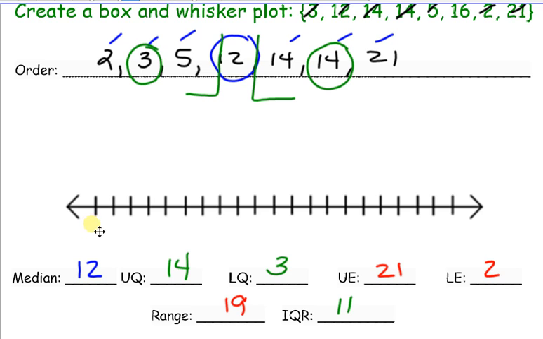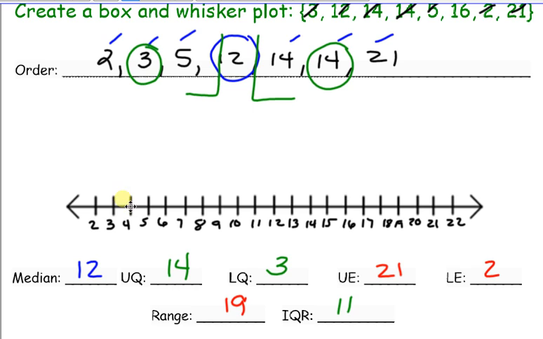I think with this one, I'm going to go by maybe ones. Let's see if I have enough room. 2, 3, 4, 7. Perfect.